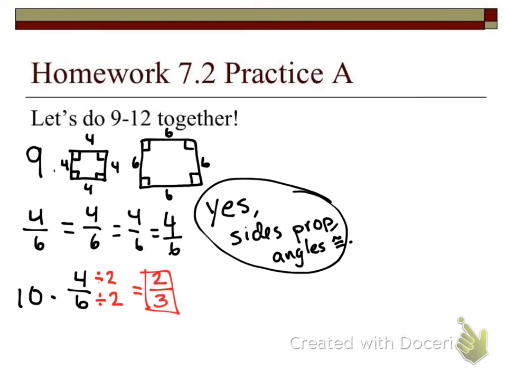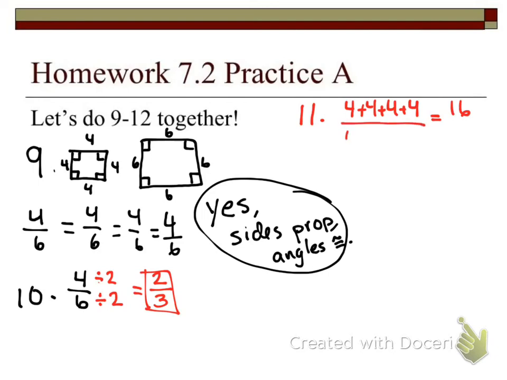Good. Number 11 says find the ratio of the perimeter of the photo to the perimeter of the frame. Perimeter is just the sum of all the sides. So if I add up all the sides of the photo, that's 4 plus 4 plus 4 plus 4. That's 16.